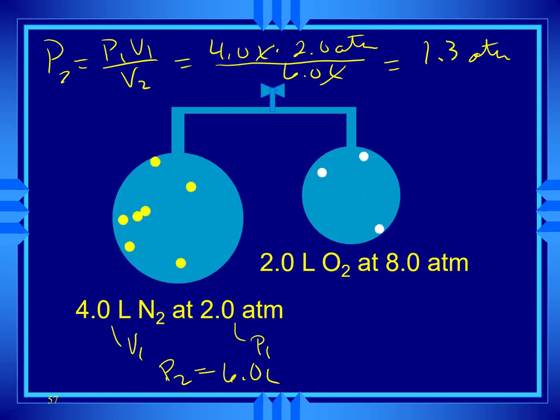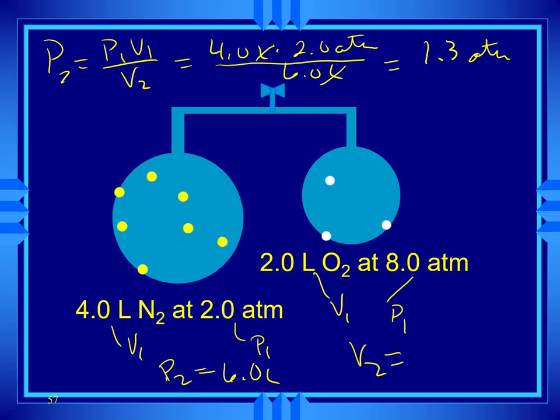What about oxygen? Well, V1, P1. What's V2? For oxygen, once I open up that valve, it's 6 liters. It can be anywhere in that container. So that was my N2.